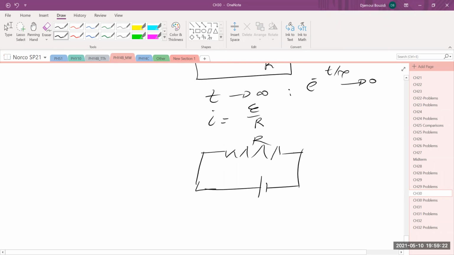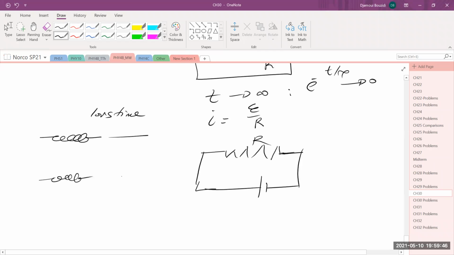So what happened in here? It behaved just like a wire. So again, when they tell you that there is a circuit that has been closed for a long time, then take the inductor and replace it with a wire. That's it. So for a long time, okay, the inductor becomes just a wire.